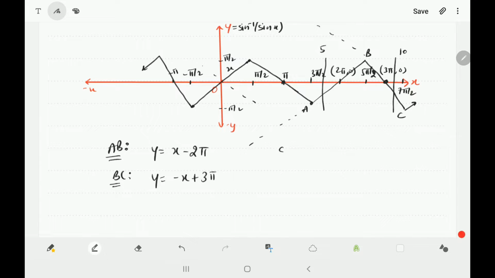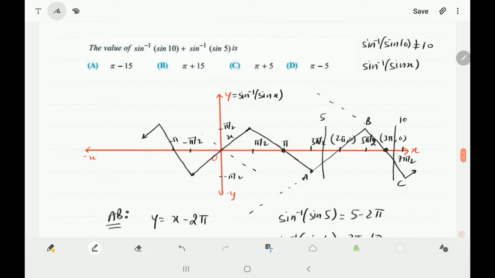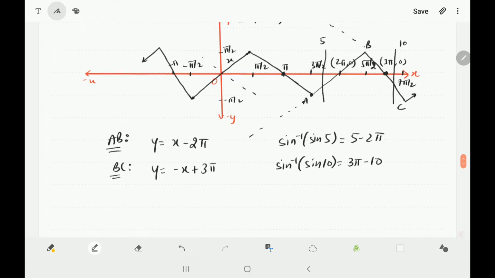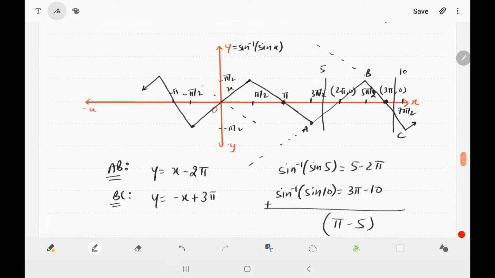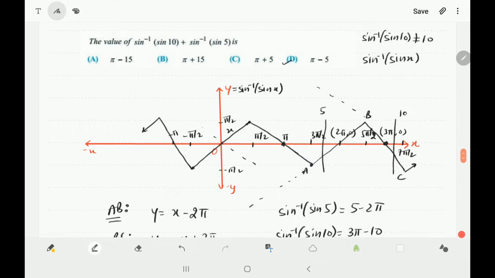So sine inverse of sine 5 lies on the line AB, so the output will be 5 minus 2 pi. Is this clear? Sine inverse of sine 10 lies on the line BC, so its output is 3 pi minus 10. Now we have to add these two terms. Once you add them, you get 3 pi minus 2 pi, which is pi, minus 5. So the answer for this problem will be option D.